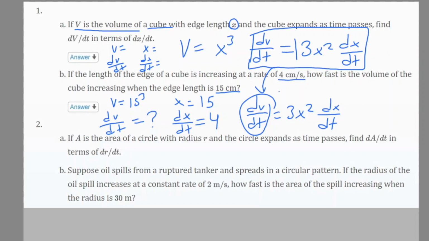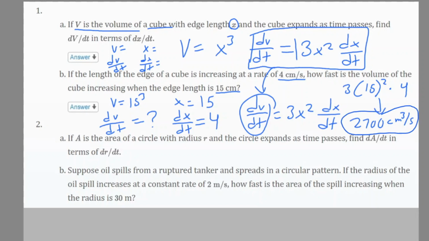We plug in 15 for x and 4 for dx/dt. We would have 3 times 15 squared multiplied by 4. If we simplify all that, you could put it in the calculator, that would give you 2,700 centimeters cubed per second, because it's a cube of volume, and per second.